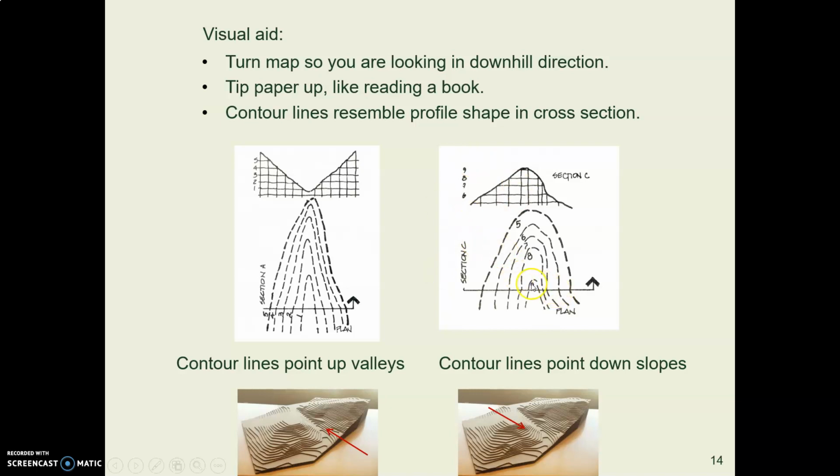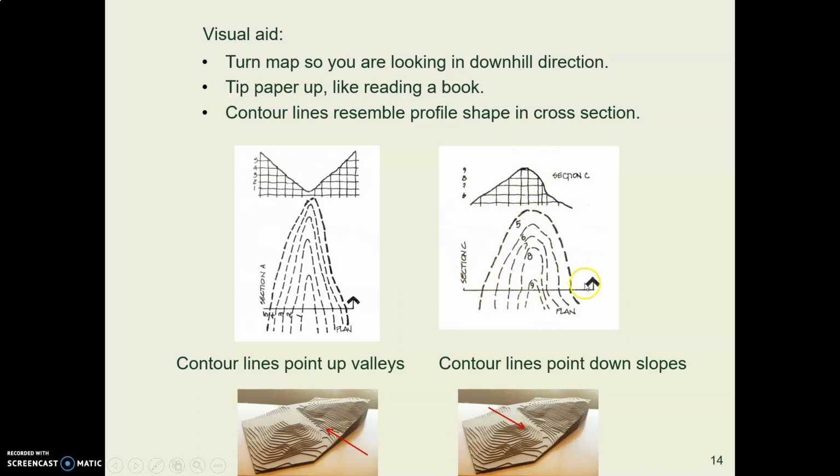So here on this one, we got a 9 at the top, then 8, 7, 6, 5. So looking downhill, we'd turn the paper so we were looking from the 9 towards the 5. Then tip the paper up like you're reading a book or a poster. So now here's this page tipped up.